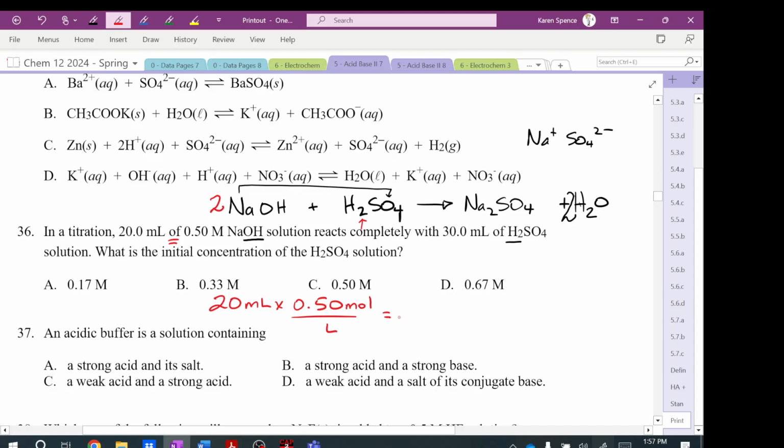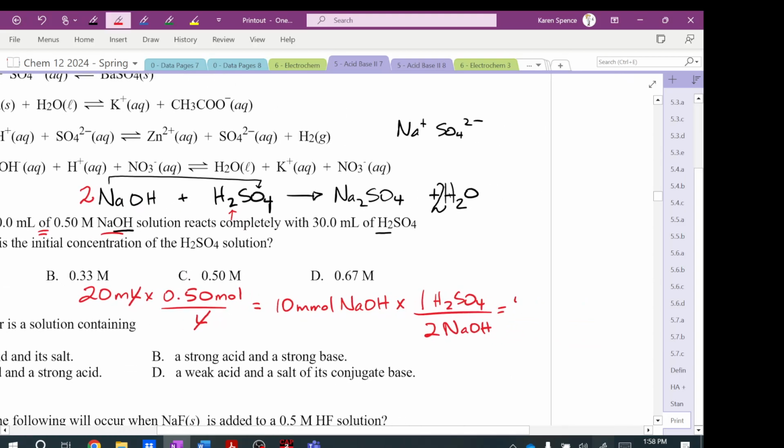If you hate it, you can work in liters. 20 times 0.5, oh, I know that, that's 10 millimoles, and that is of the NaOH. Now I know that there is one H2SO4 for every 2 NaOH. So that gives me 5 millimoles of H2SO4.